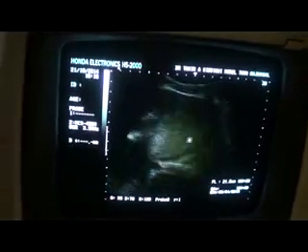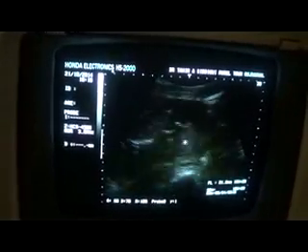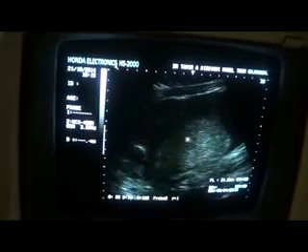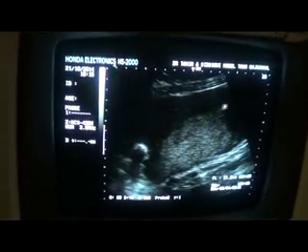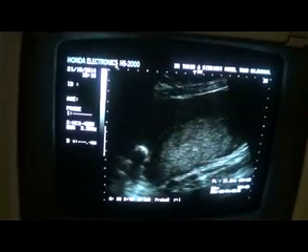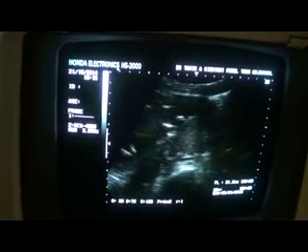Here it is, and it relates to which area of the uterus? Now it is the posterior wall, upper segment, because at the lower segment there is a fibroid.